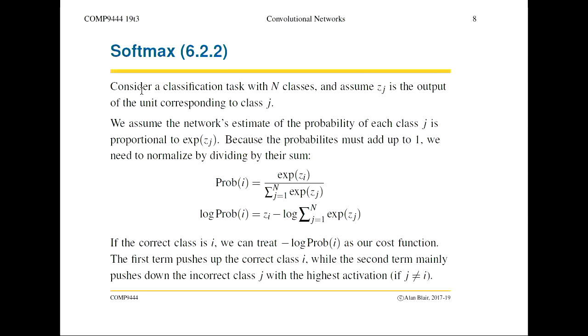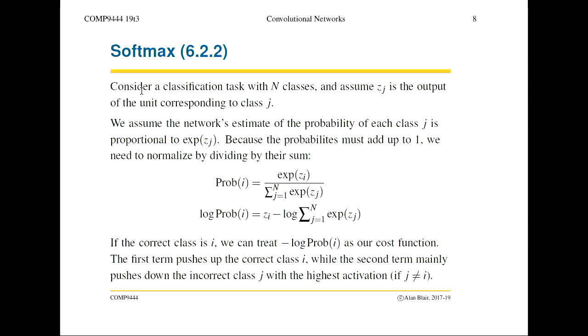What this does in practice is the following. The first term here pushes up the correct class, right? The zi, so if the digit is actually a 2, then the output that corresponds to 2 will be that zi, so that'll be increased.